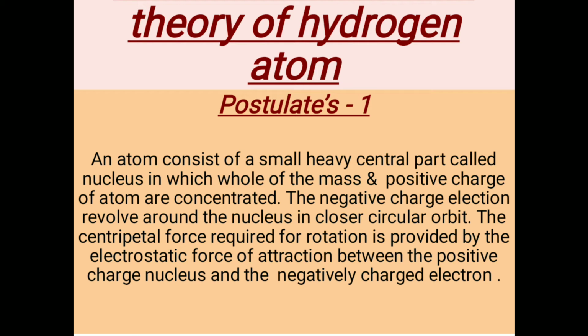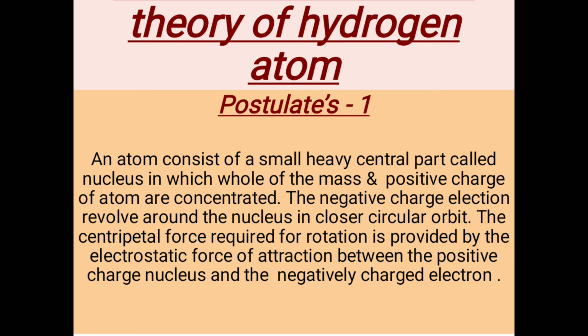Postulate number 1. An atom consists of a small heavy central part called the nucleus, in which the whole of the mass and the positive charge of the atom are concentrated. The negatively charged electrons revolve around the nucleus in a closed circular orbit.